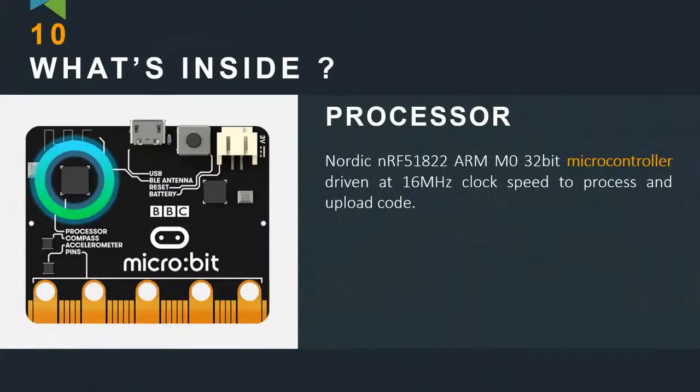So, processor. Everything has a processor. Even you have a processor. The processor is the brain, and the processor inside this one is a low power ARM mobile processor. Does everyone know ARM?